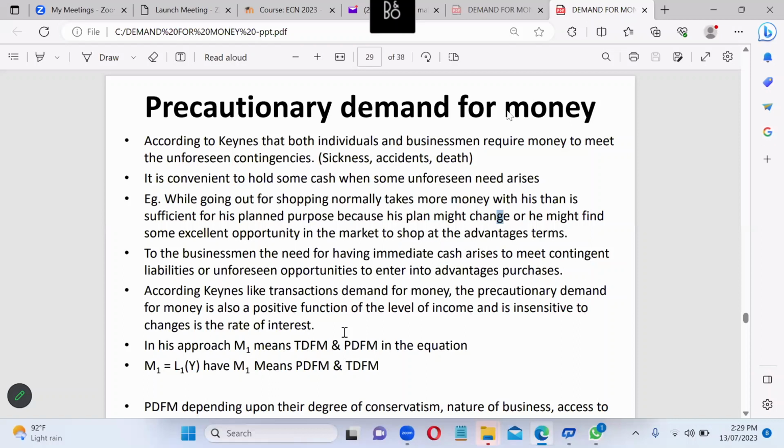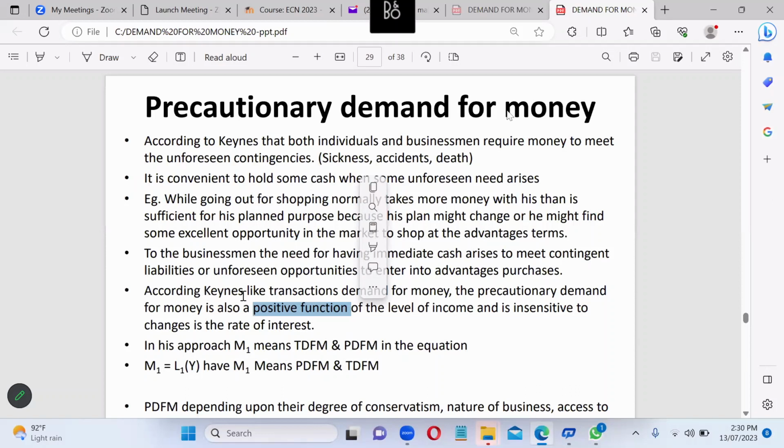Likewise, as I said for the transaction process, why are we holding money? The transaction process and income have a positive relationship. The same concept holds for the precautionary concept: a positive functional relationship between income and the precautionary money held at our hand.